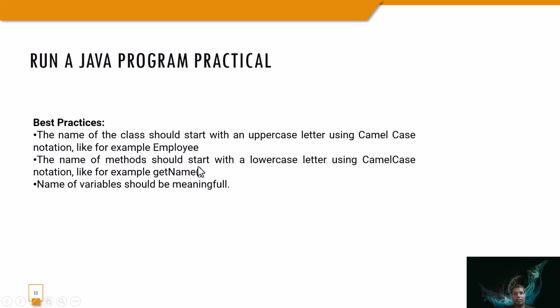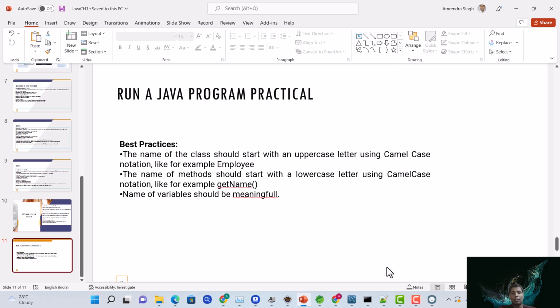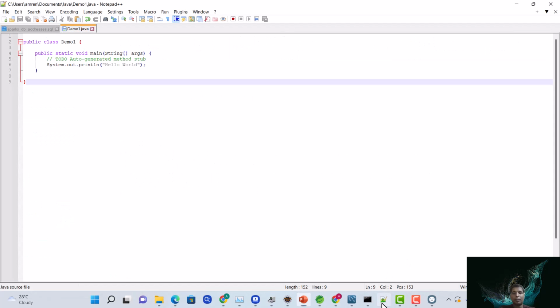The name of a method should start with a lowercase letter and use camel case notation, like getName. So the first word is small, and from the next words the first character is always capital. The name of a variable should be meaningful; we should not be writing val1, val2, but meaningful variable names.